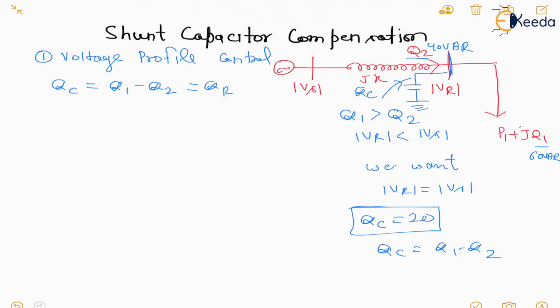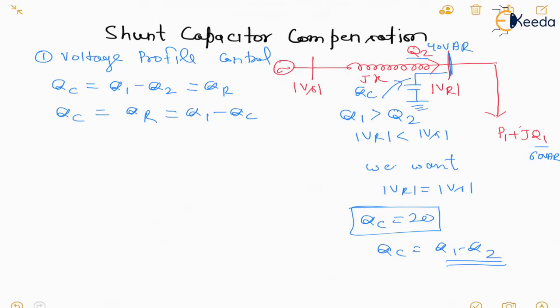So QC is equal to Q1 minus Q2 here, and also QC is equal to QR. QR is demand minus supply. Whatever the value of demand minus supply, that will be equal to the compensation of the capacitor. So this is how we apply a capacitor to improve the voltage profile.